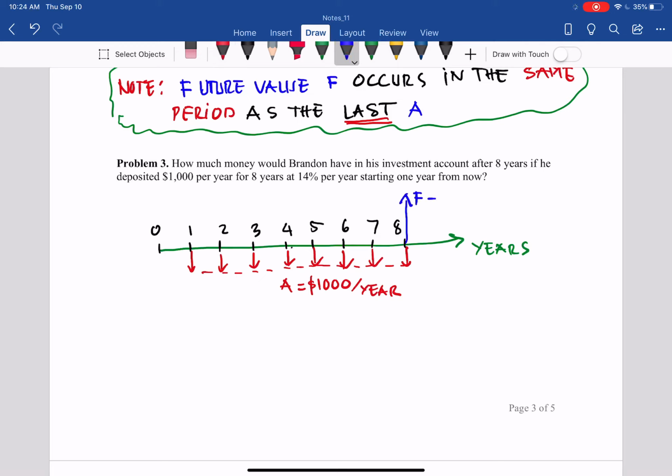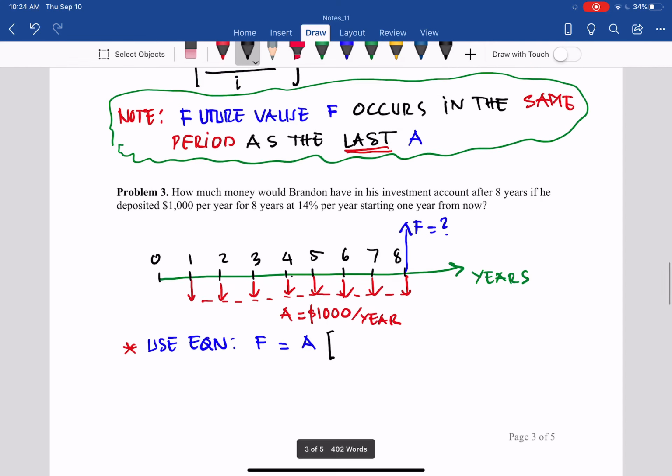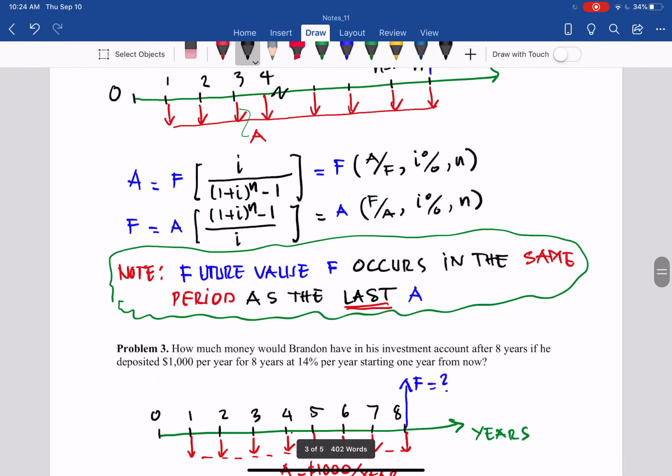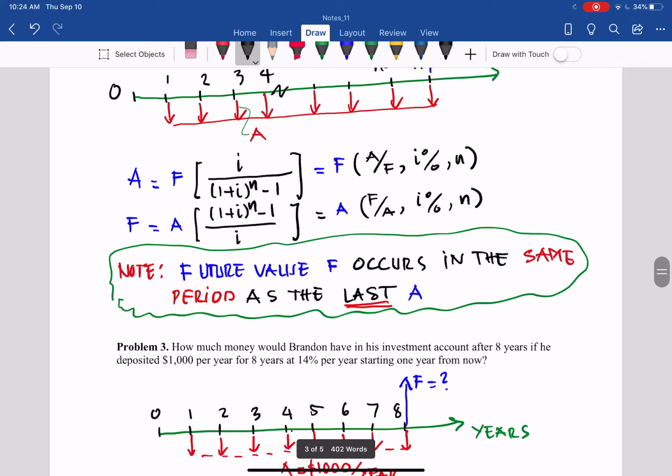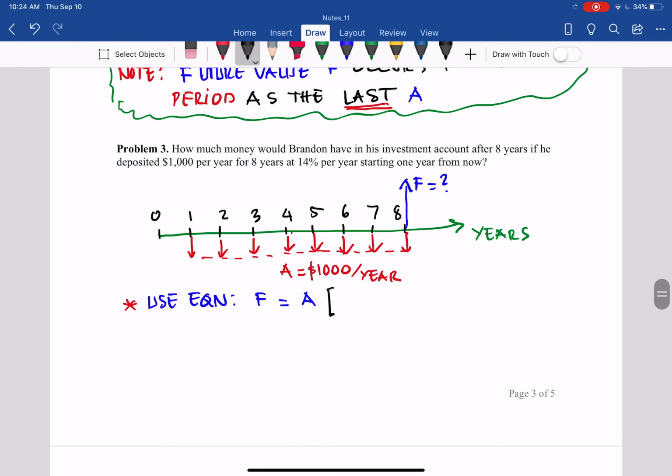What he has is what the question asks. Given A, find F, so we can use the equation. F equals A times (1+i)^n minus 1 over i, and in this case i is 14% per year.